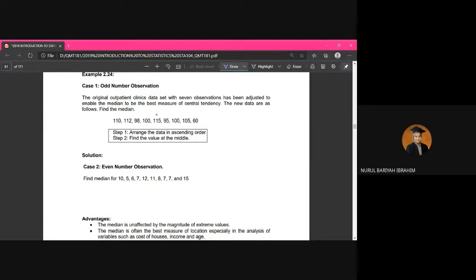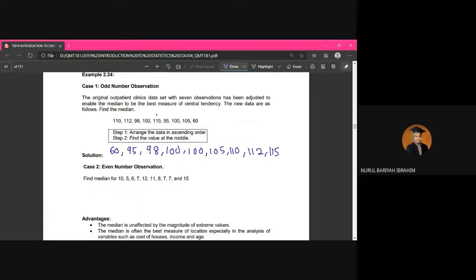So the first one will be 60, right? And then it is 95, 98, 100, we have 200, and then it is 105 lagi, 110, 112, 115.